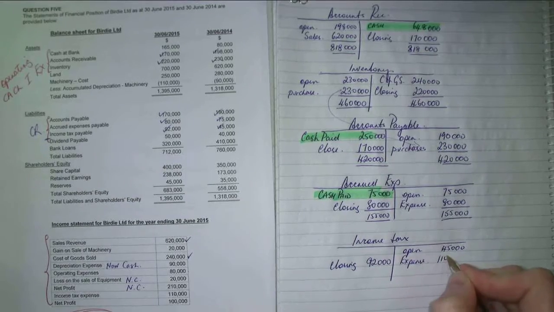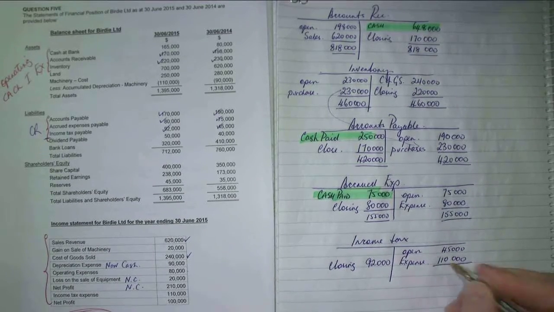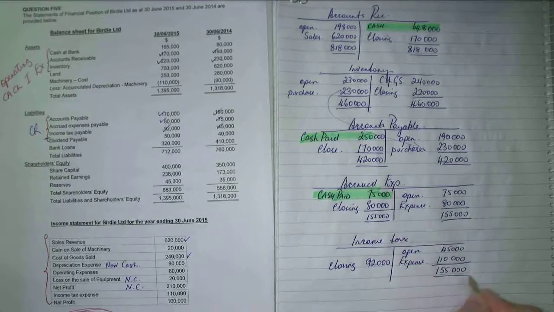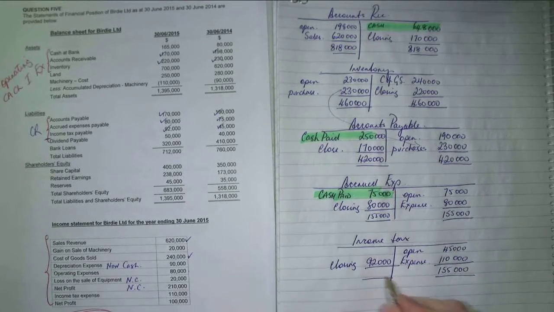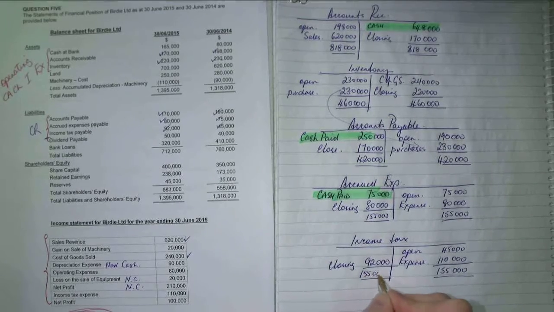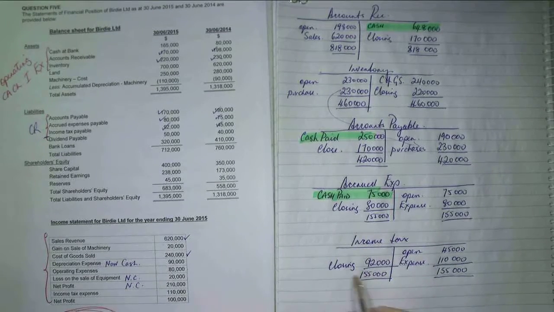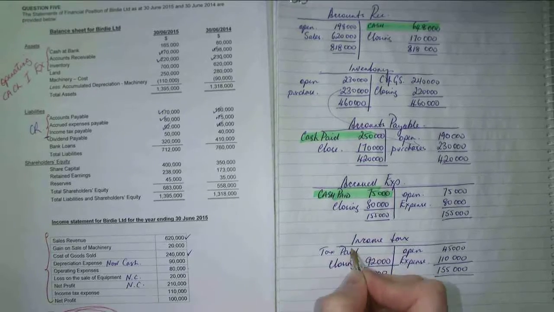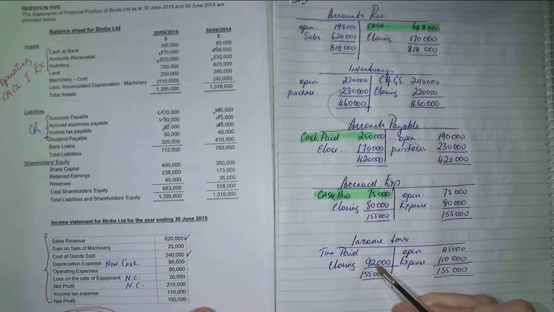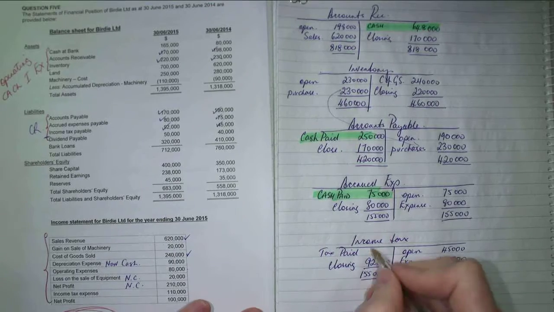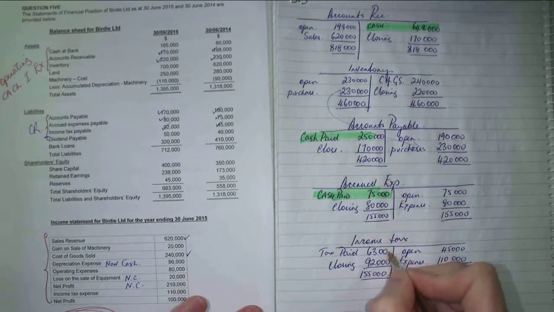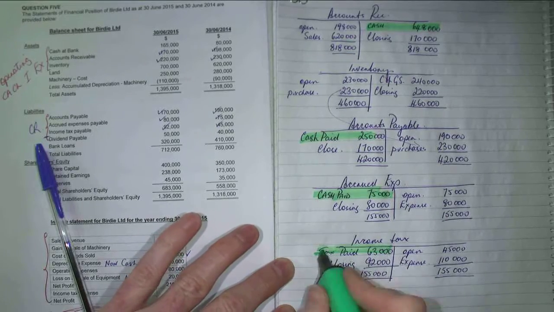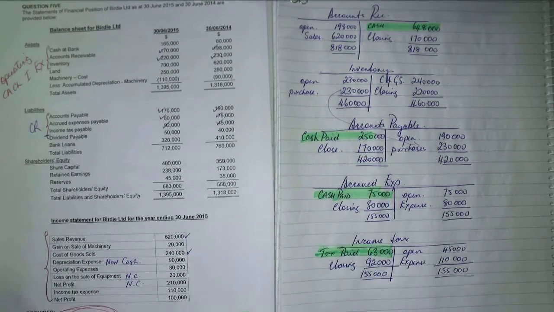So it's 110, which makes 155. So if I'm balancing, that means tax paid will be, what's that, 63. Oops. And that's my tax paid.